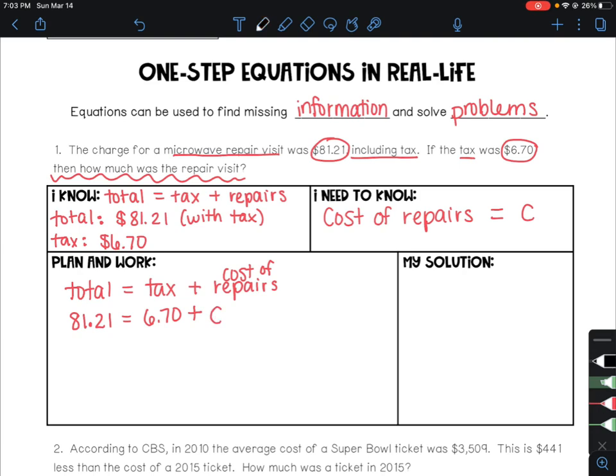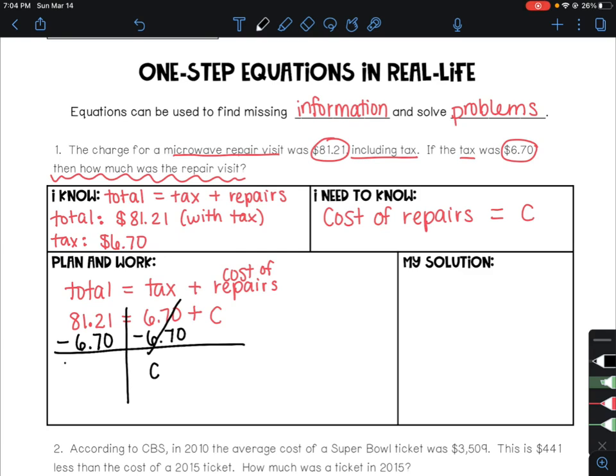So when we go to solve it, we draw our line down. We look for the variable, it's right here. It's being added to $6.70. So on both sides, we'll subtract that $6.70. By doing that, we can cross them out here. We just have C. And then on the other side, we can do $81.21 minus $6.70.